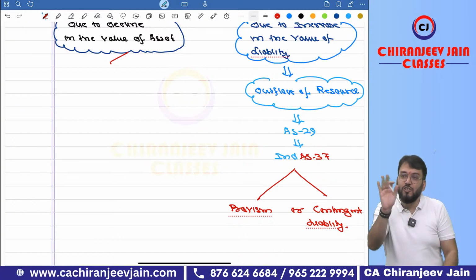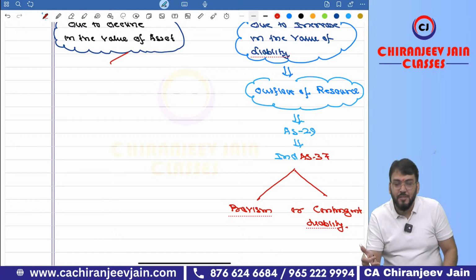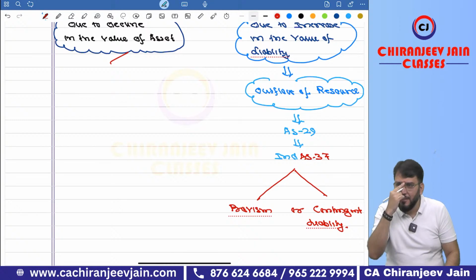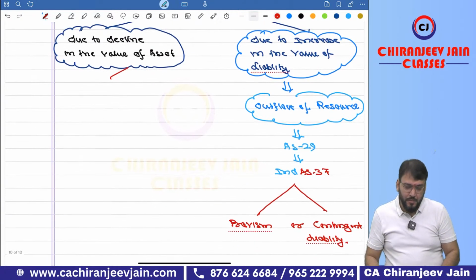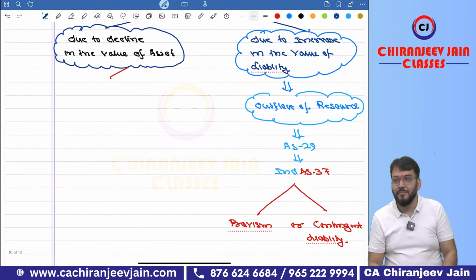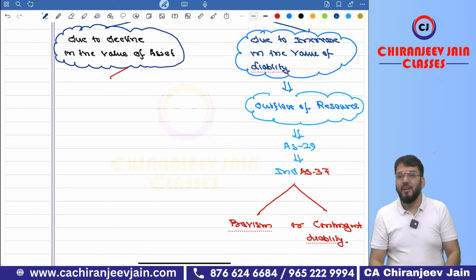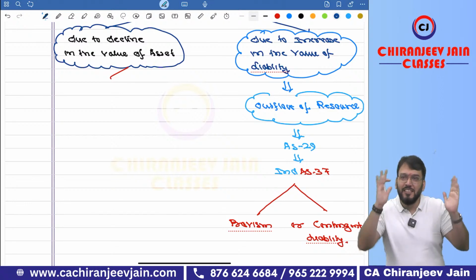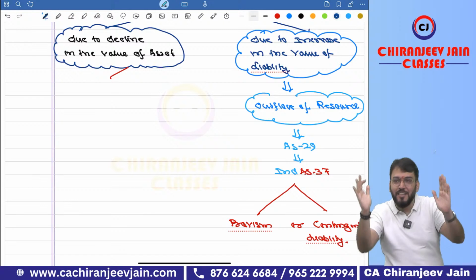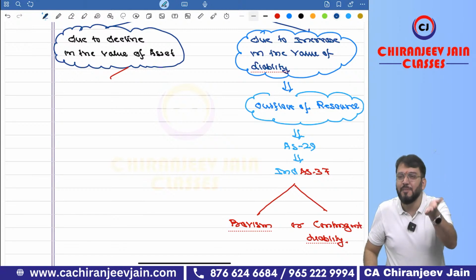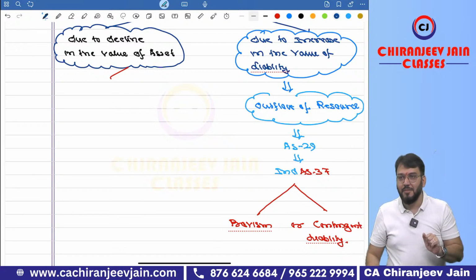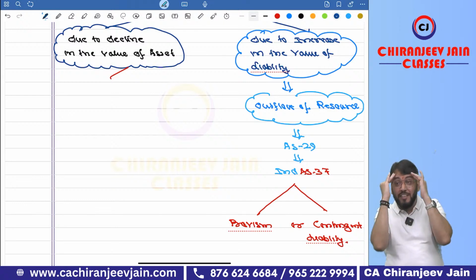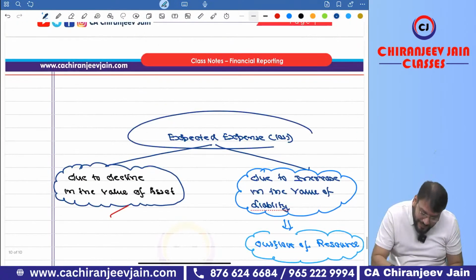Now, to check whether you have understood, one question: whether provisions are liability. Every liability will become an expense also, but I am asking about asset and liability. Expense and income are something different. Asset and liability are something different. Increase in liability is an expense, decrease in liability is an income. So I am asking about liability, not expense. Expense I have already written, yes, it is an expense.